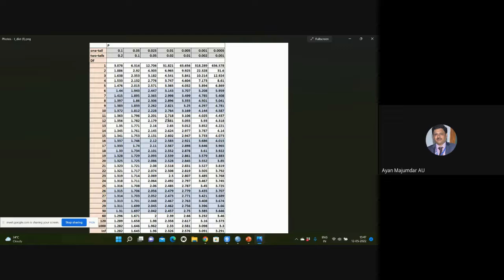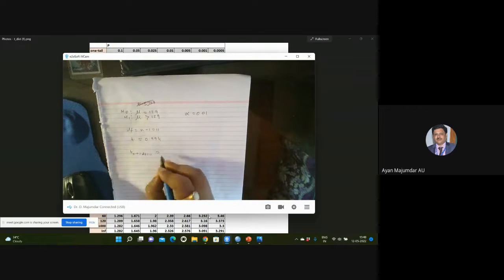It comes to 2.718, approximately 2.72. So 2.72 is the table value, known as the critical value. This is the test statistic and this is the critical value.